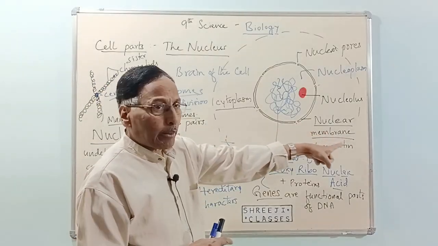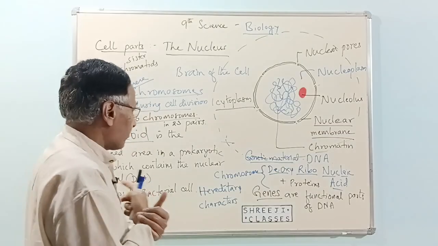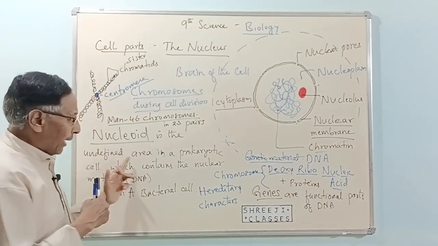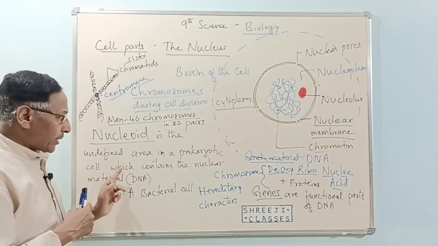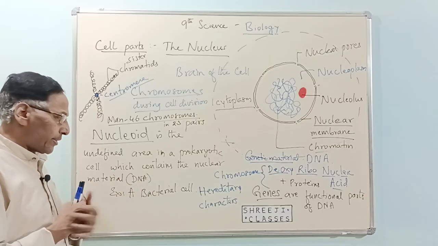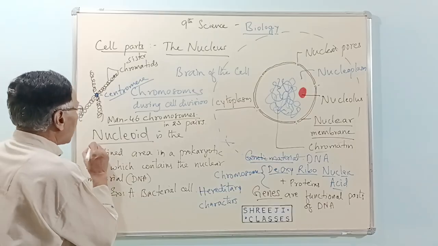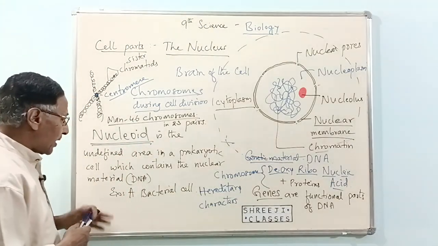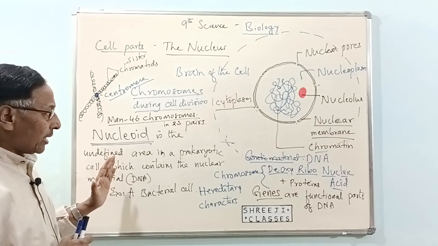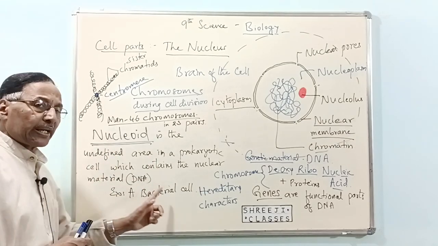There is no nuclear membrane which binds the genetic material. Such undefined area in a prokaryotic cell which contains the nuclear material DNA is called a nucleoid.